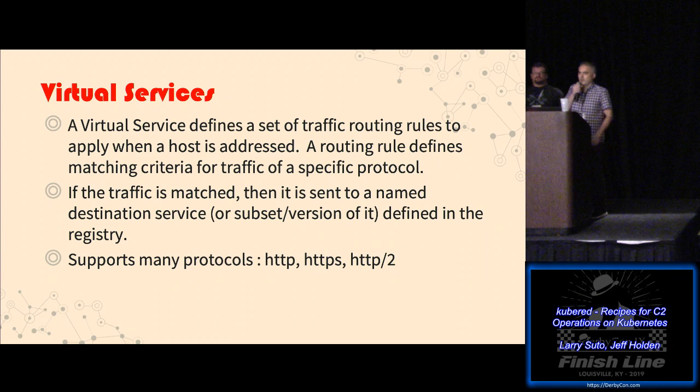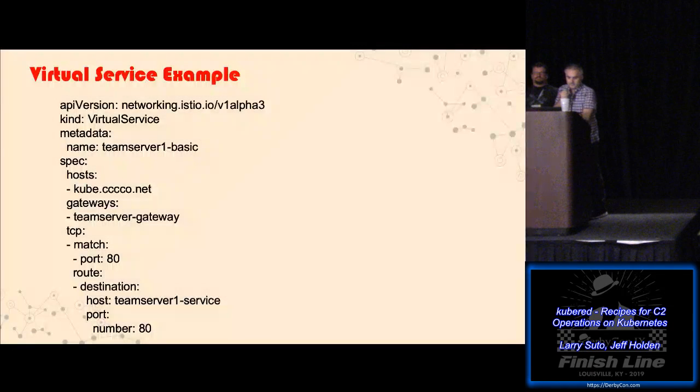And then you can also attach multiple domains to each ingress controller. You can register a whole bunch of domains on one ingress controller, and depending on which host a beacon or implant is checking into, you can route it to a very specific backend.